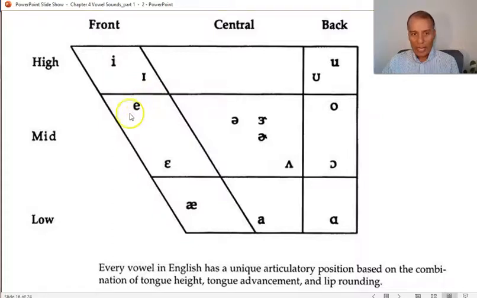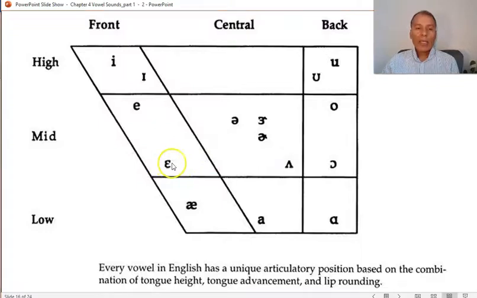They take that symbol for A at the end. So that is a mid-front, tense, unrounded vowel.